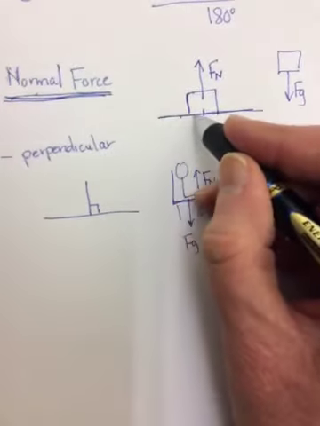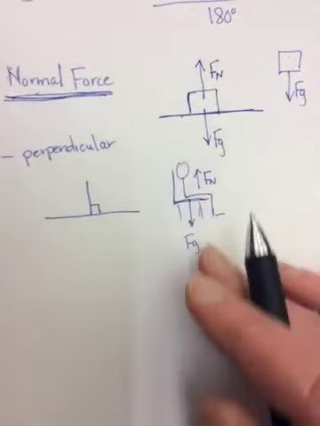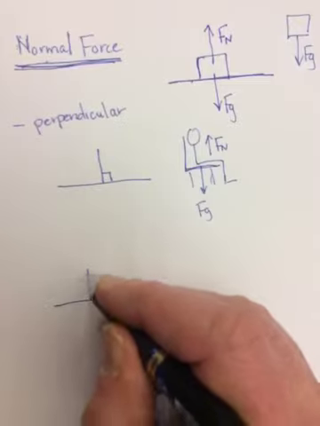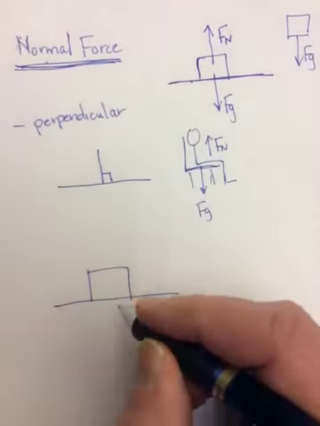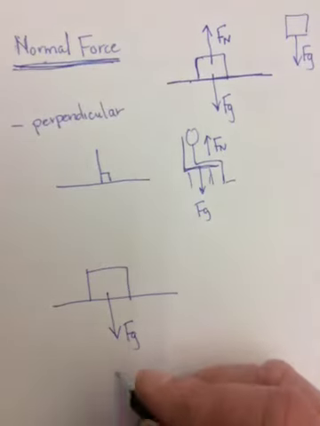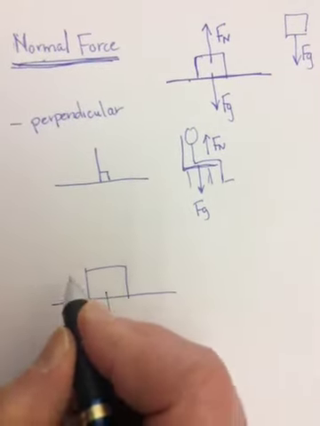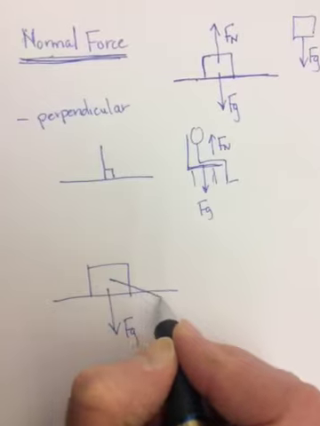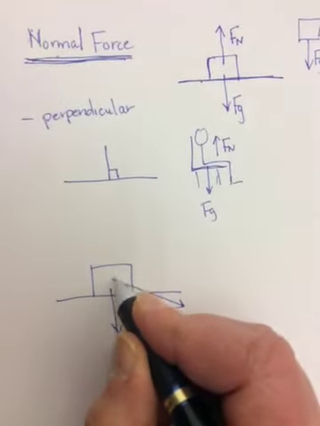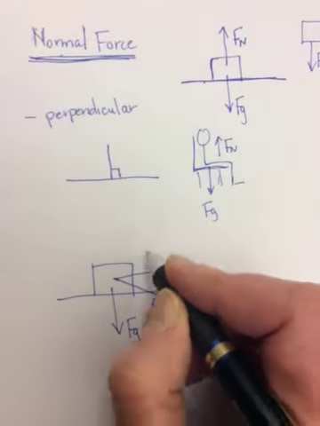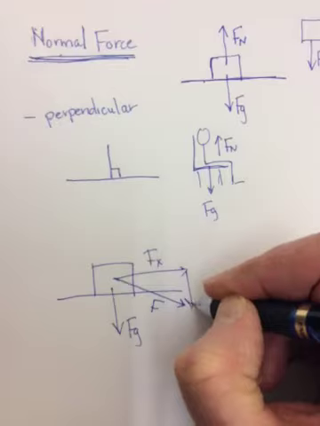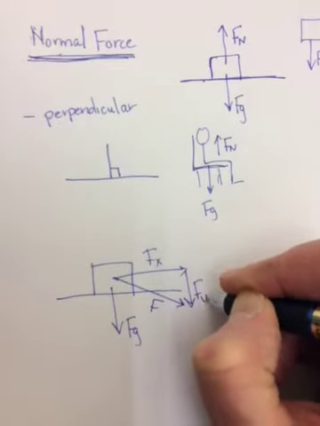Now, sometimes people will say, oh, so it's really just equal and opposite to Fg. Well, that's true if the surface is level and there are no other forces acting. But imagine that you're pushing a shopping cart. Here's my shopping cart across a level surface. Fg is acting down. But if you're pushing it, we tend to push on the shopping cart handle down like this. So part of your force is going forward to move the cart, that would be your Fx, but part is actually acting downward, Fy.